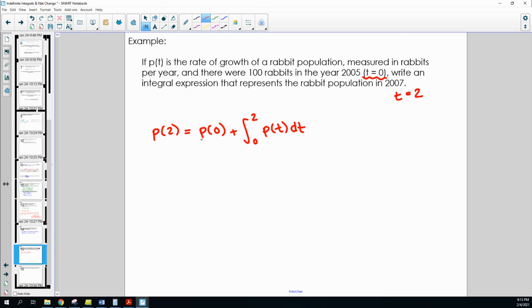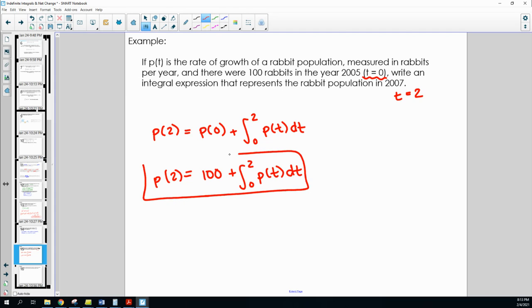So what I'm trying to do here is take the original amount of rabbits and I'm adding the change in rabbits from 0 to 2 years. So P of 0, we said here is equal to 100 plus the integral from 0 to 2 of P of T dt. And because we don't have an actual P of T function, we're just going to leave that as our answer.